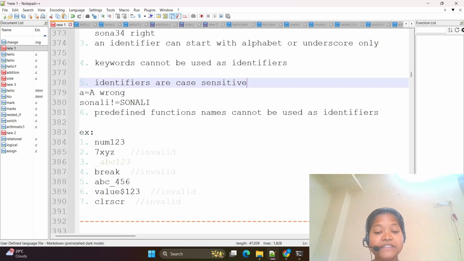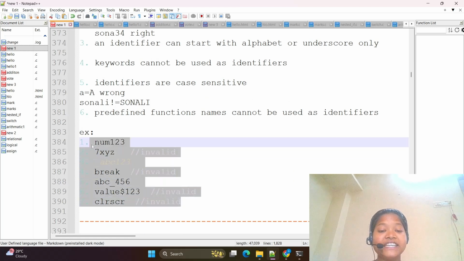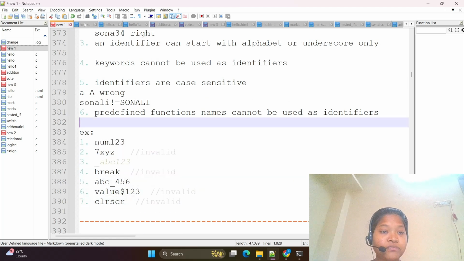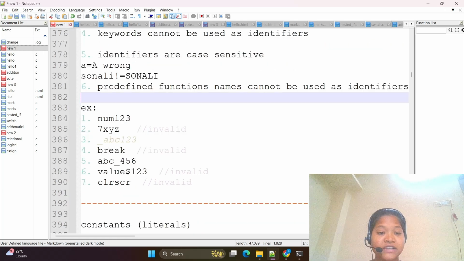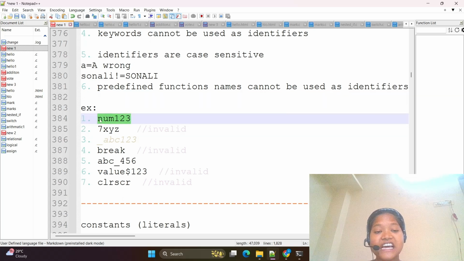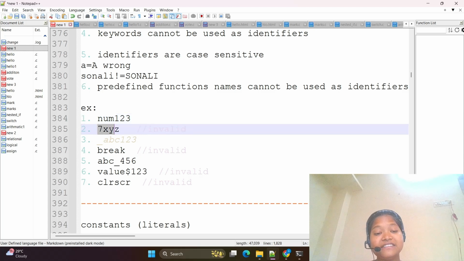See here, I have mentioned which identifiers are valid and which are invalid. See num123, this is valid because it is alphanumeric and the name does not start with a number. The second one is alphanumeric, but the first letter is a number, so it's invalid.